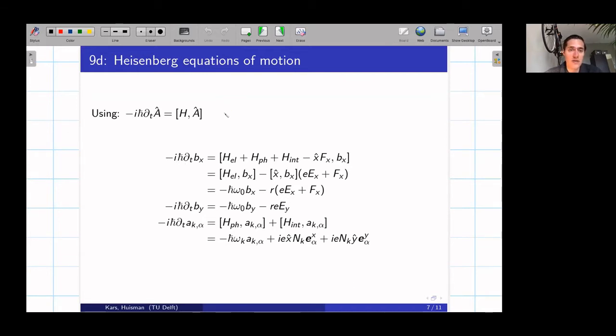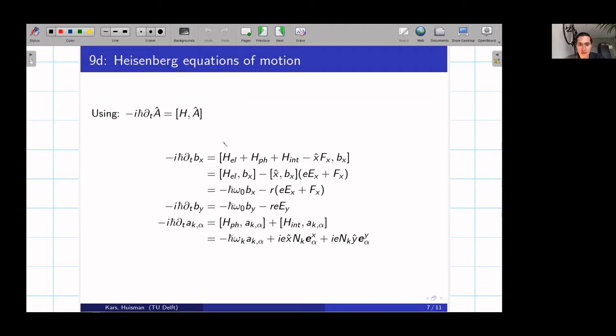So we can use this relation here, where the time derivative of this operator is given by the commutator of A with H. And if you do it for example for bx, then you get the commutator of the whole Hamiltonian, which is written down here, with bx. Oh yeah, and we added the force to the Hamiltonian here, only in the x direction.